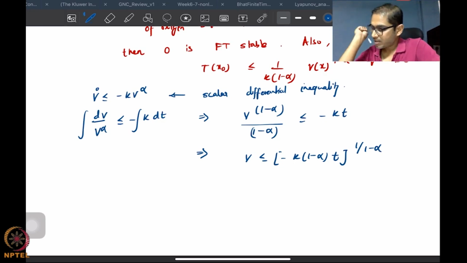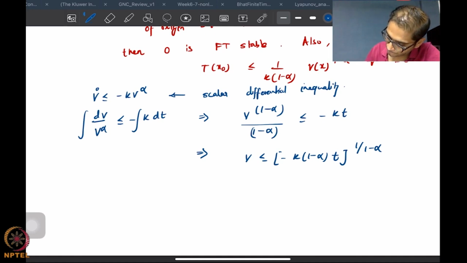Right, this to the power 1 minus. I believe that's okay. Right? And because this is 1 over 1 minus alpha, this is fine. And you know that 1 minus alpha is strictly positive by assumption, because alpha lies exactly between 0 and 1, right?